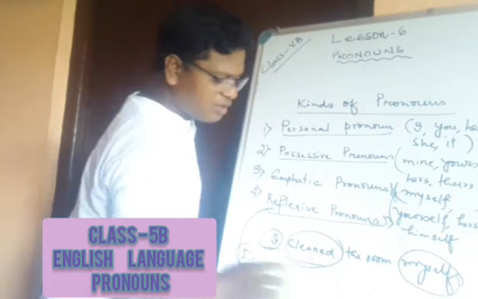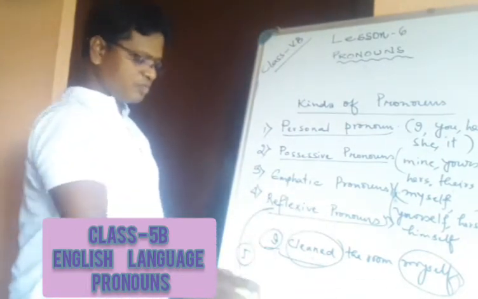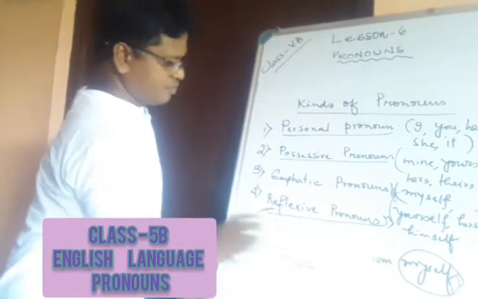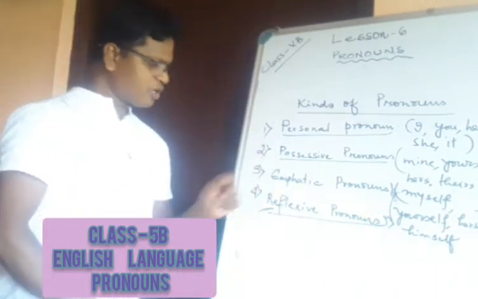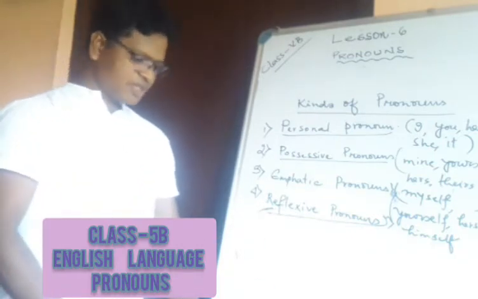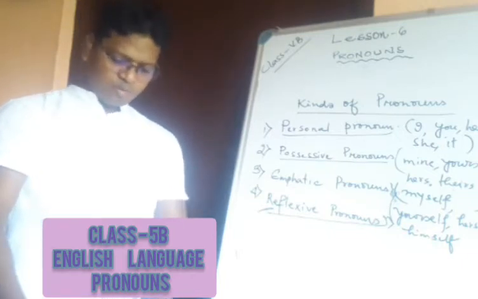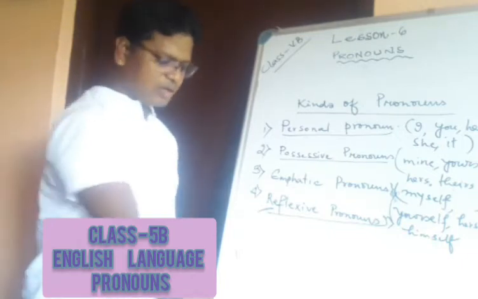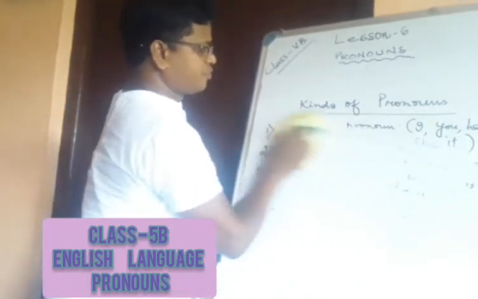That action returns or reflects back to him only. So first, personal pronoun, possessive pronoun, and then what I have written, emphatic, reflexive, and then we will see one or two more. Another one we have is interrogative. Let's see that also.